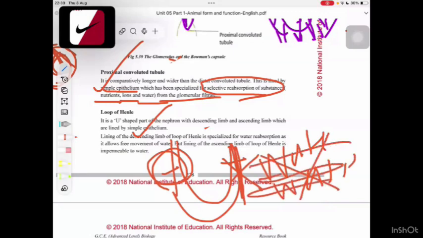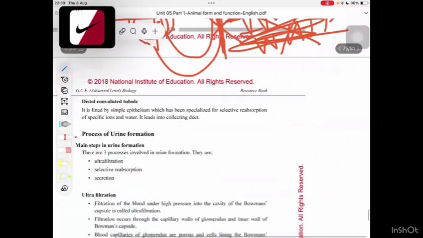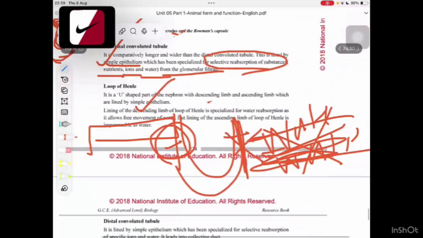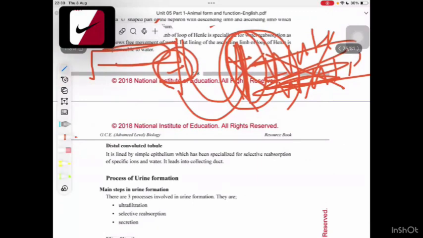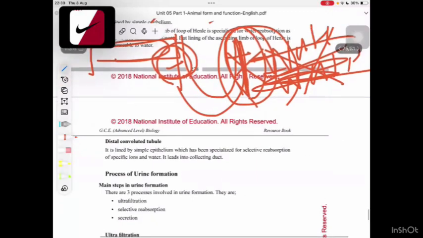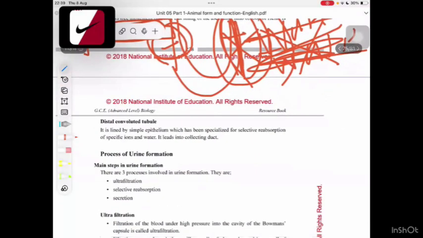That means water cannot move in and out, so it is impermeable to water, right? Okay, so those are MCQ points. The ascending limb is impermeable to water, right?